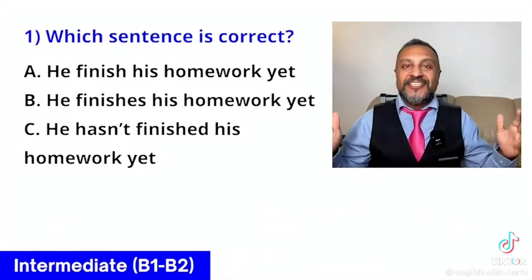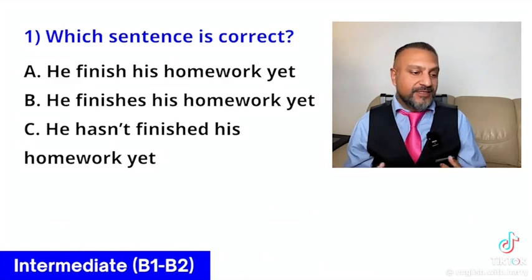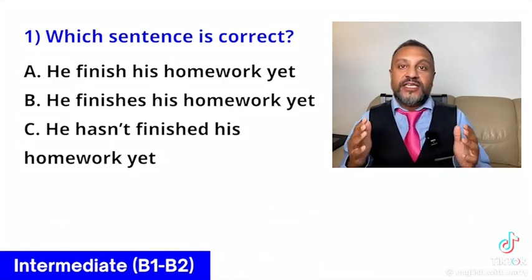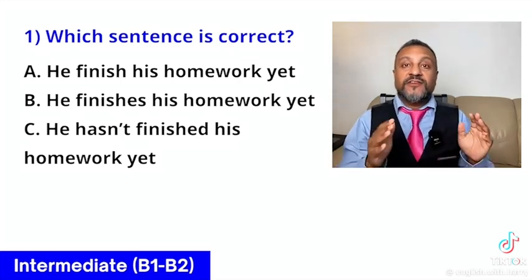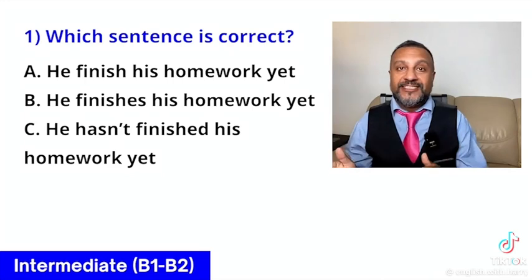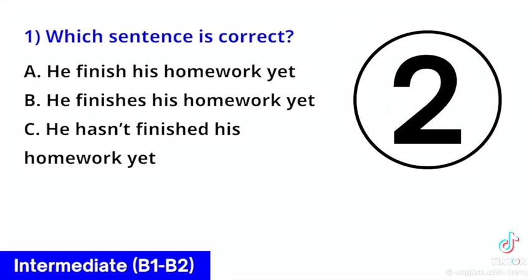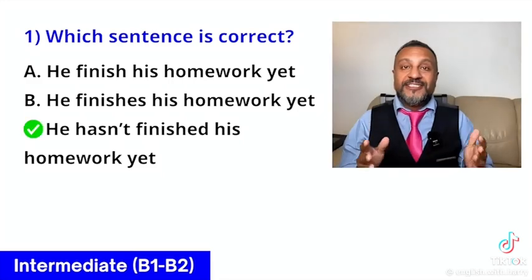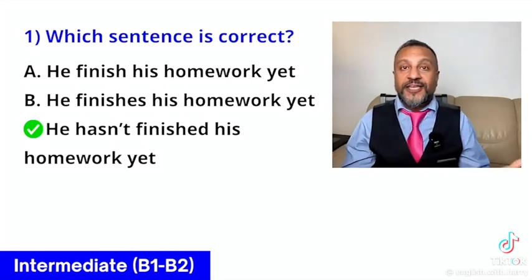Which sentence is correct? He finished his homework yet? He finishes his homework yet? He hasn't finished his homework yet. The answer is, he hasn't finished his homework yet, but why?